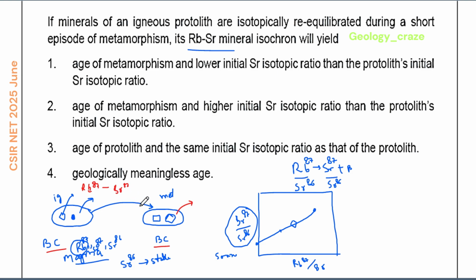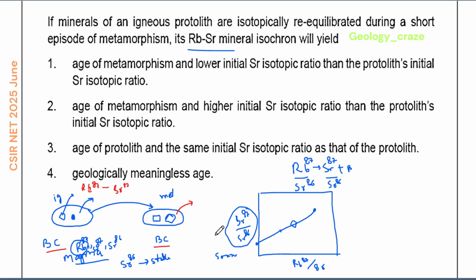These minerals are now changed into a new mineral. They react with each other, and new minerals are forming with respect to temperature and pressure. And this Sr 87 by Sr 86 is now preserving this, and the remaining Rb is also getting added into it.